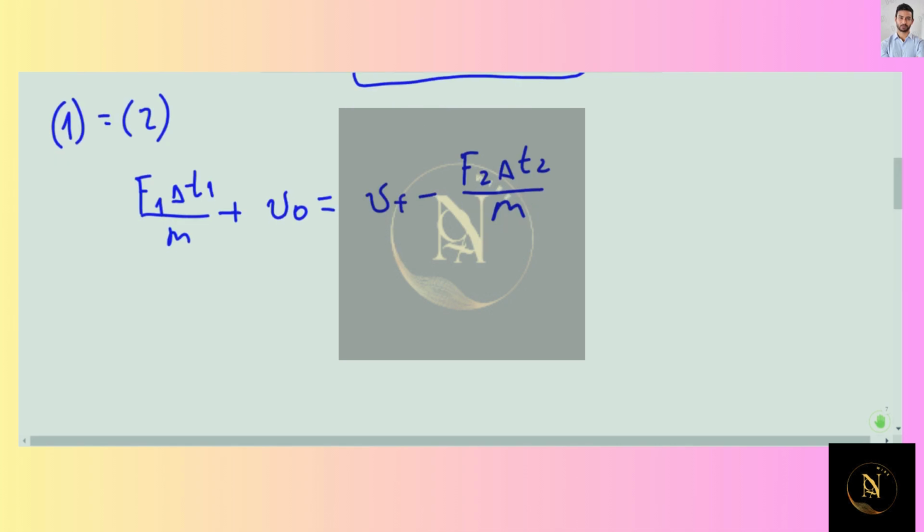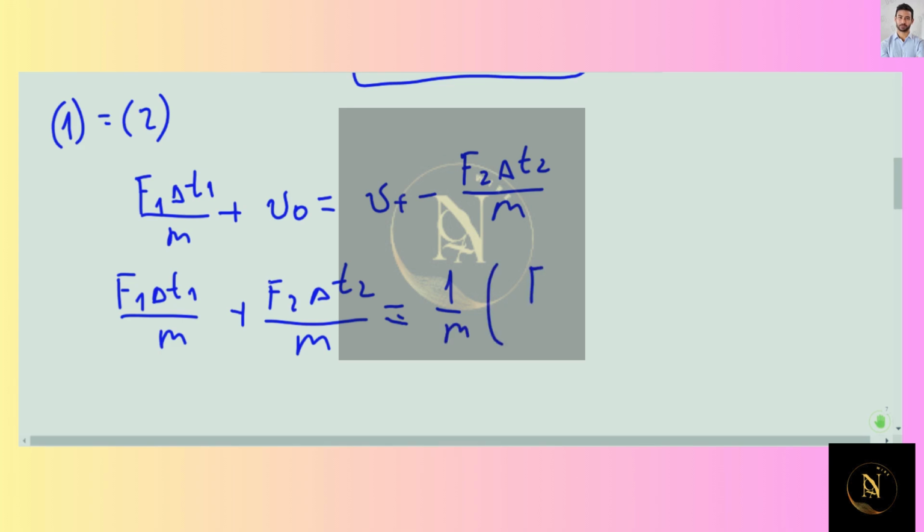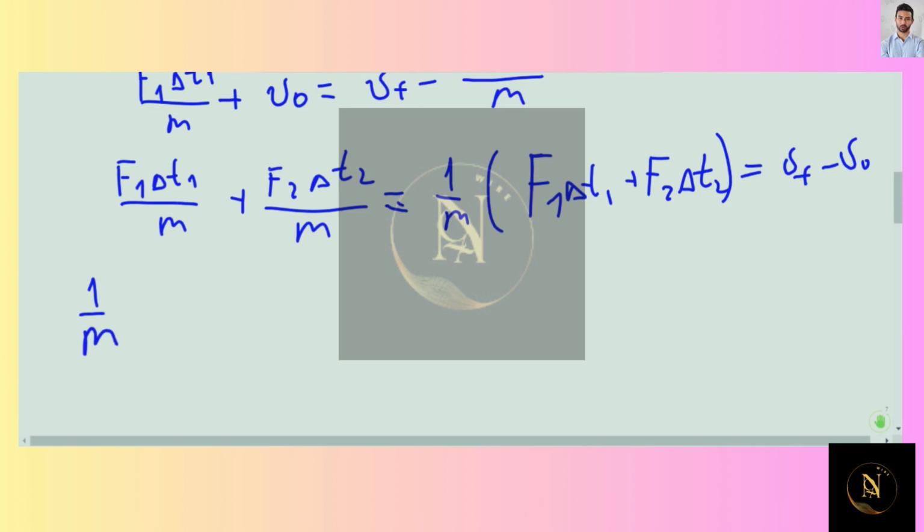Now we have to calculate the mass, so let's rearrange this equation. 1 over mass equals (v final minus v initial) divided by (F1 delta t1 plus F2 delta t2).